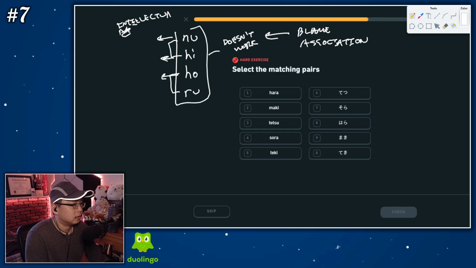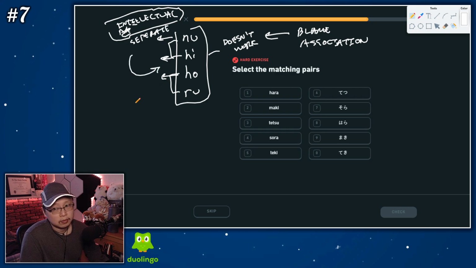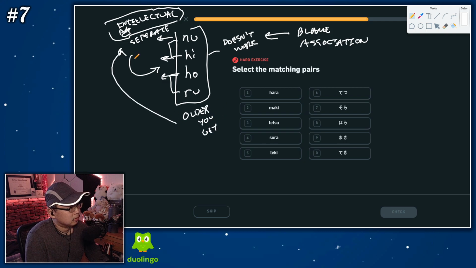And this is largely the technique that most people do, to intellectually separate them. And I don't learn this way. This is not how I learn. In fact, I actually argue that this type of technique, the older you get, the more techniques you have in separating them naturally. So you gain a lot of experience in separating things as you grow older.